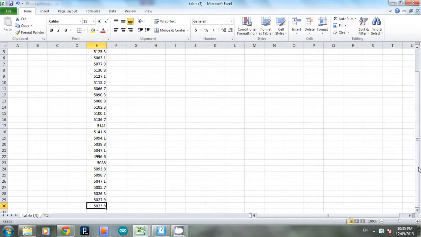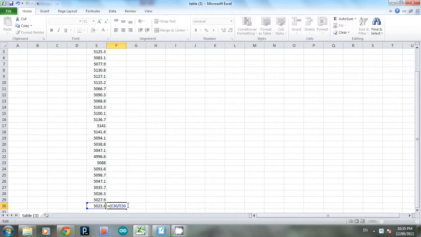So we're going to have to stick a little formula next to it. And that formula is going to go a little bit something like this. Equals, bracket, click on that cell, and then divide by the original price. So in this case, that'll be the bottom number, which is E30 for me.